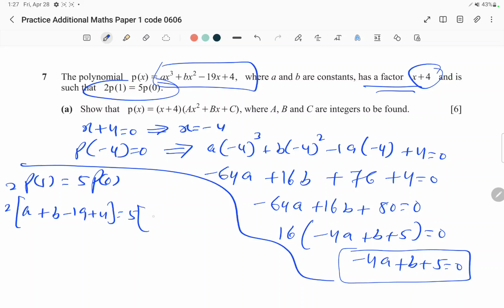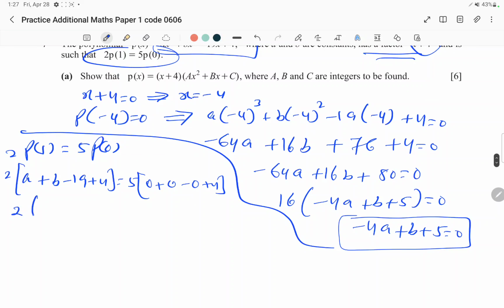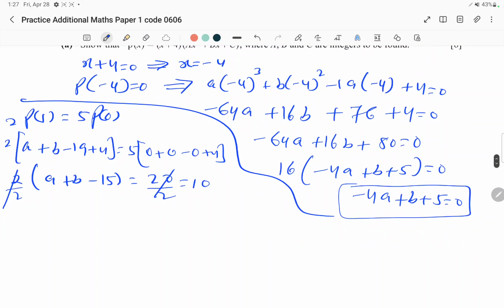Now 5 times p of 0: a times 0 cube is 0, b times 0 square is 0, minus 19 times 0 is 0, then 4 only. Okay, so this is twice of a plus b minus 19 plus 4, that's minus 15, and 5 times 4, that's 20. Now divide by 2 on both sides. Here it is 10. So I got a plus b minus 15 equals 10.